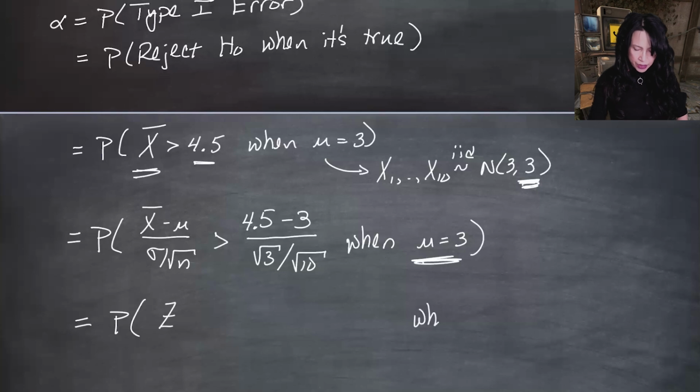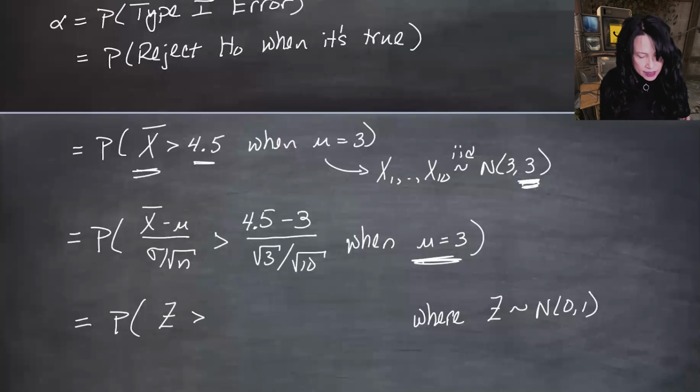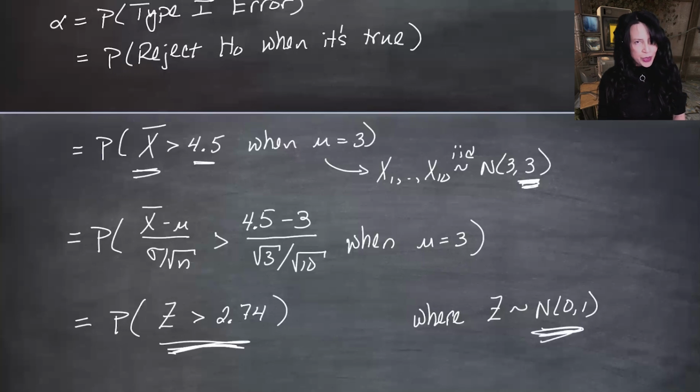Let me put that over here, where Z is normal(0, 1). And this other term is whatever it is. Looks like 2.74 and more digits, but because I'm going to go to a z table, I really only care about those first two digits. And now I don't need to continue writing when mu equals 3 because that information has been used up. To compute this probability, we use this distribution and it doesn't depend on a 3 or something. That's already been taken care of and wrapped into this.